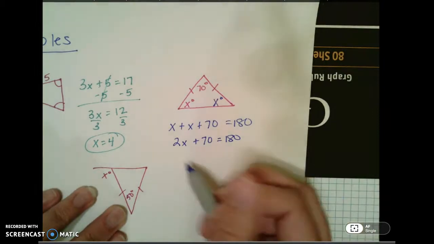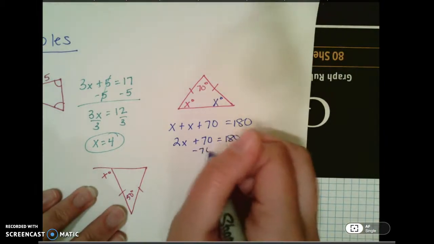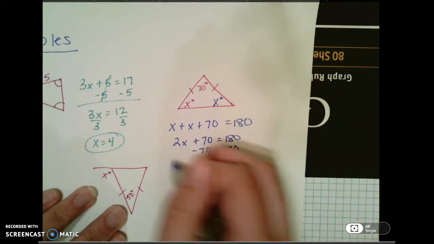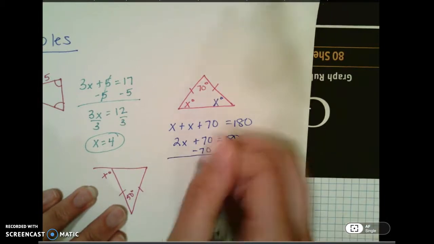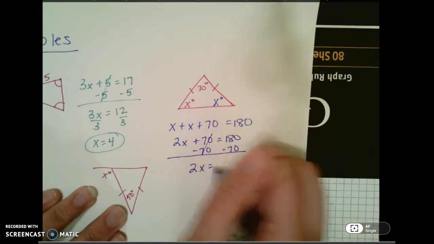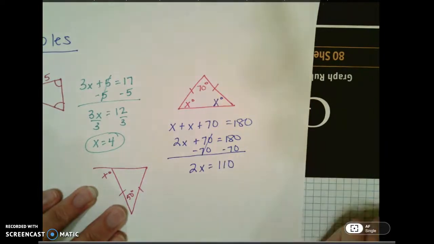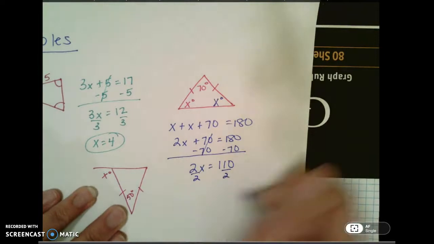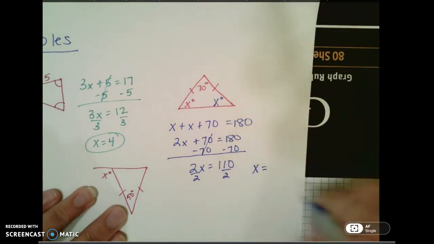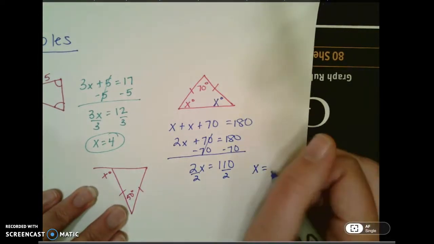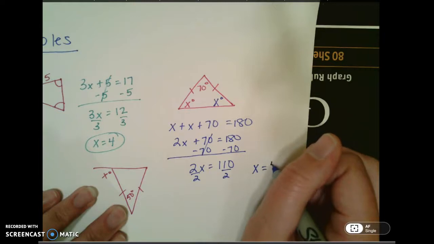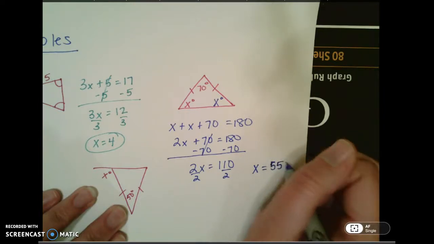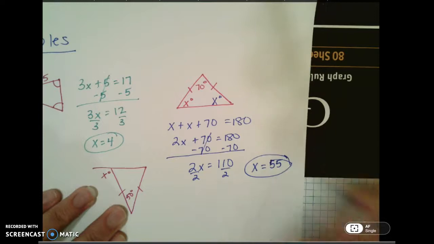Now, if I want to solve for x, I need to subtract this 70. So 2x equals 110. When I divide by 2, x is 55.